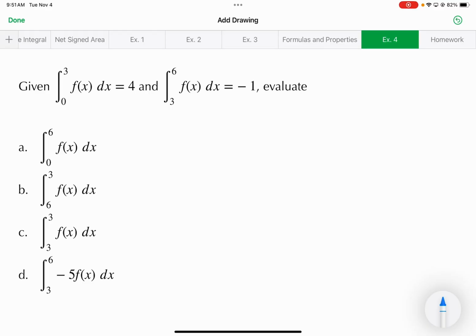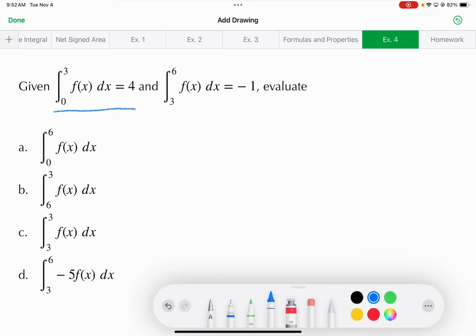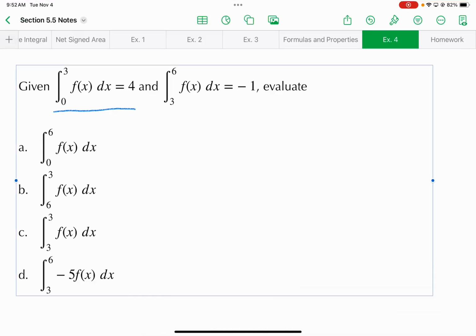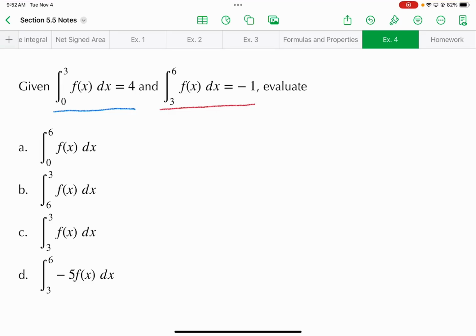All right, so first one, integral from 0 to 6 of f of x dx. Well, if I look up above, we're going to treat these as reference values here. So I know the integral under the curve from 0 to 3 and the integral under the curve from 3 to 6, okay? So if I want 0 to 6, I need to do what? Add them together.